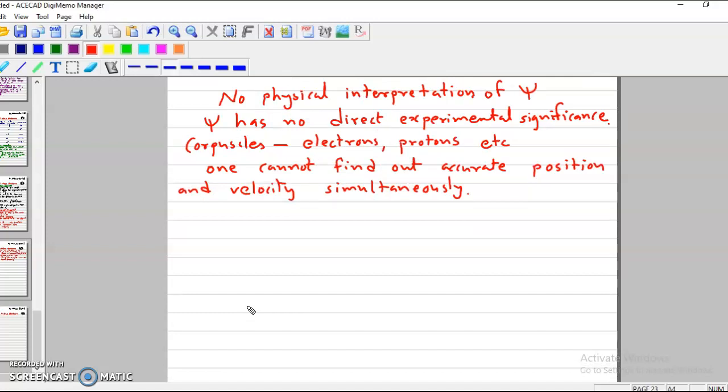Psi may give us the position of the electron in 3 dimensions because psi depends on x, y, z coordinates.